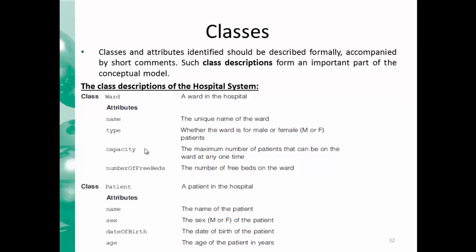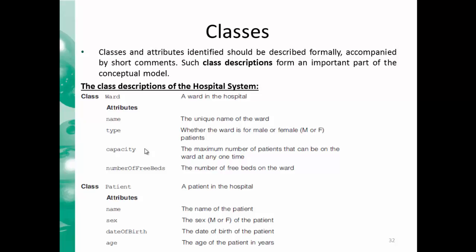Now we put the classes in a more informative format. We call it the class description. And you can see that class description will include the class name and a description of what this name means: a ward in a hospital.